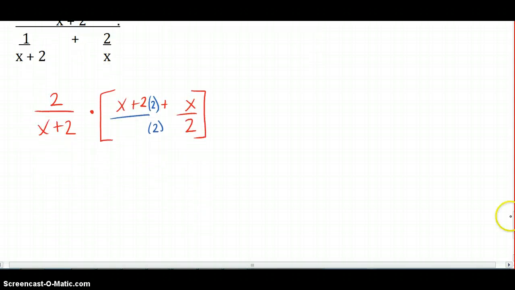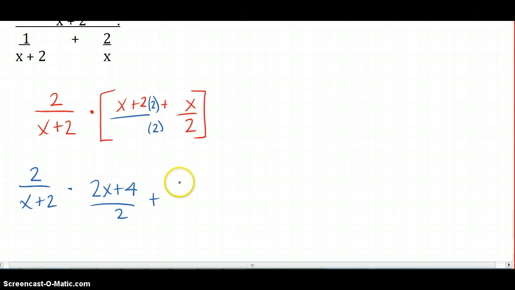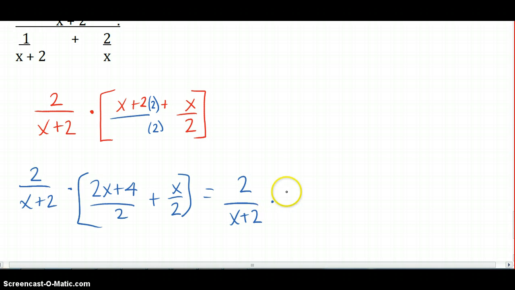So really we're looking at x plus 2 times 2x plus 4 over 2 plus x plus 2. Then we add those together. I have 3x plus 4 all over 2.